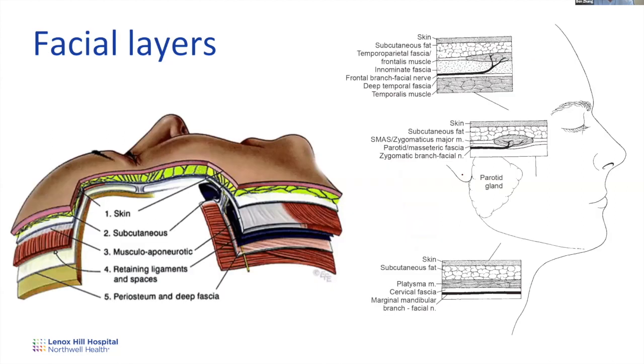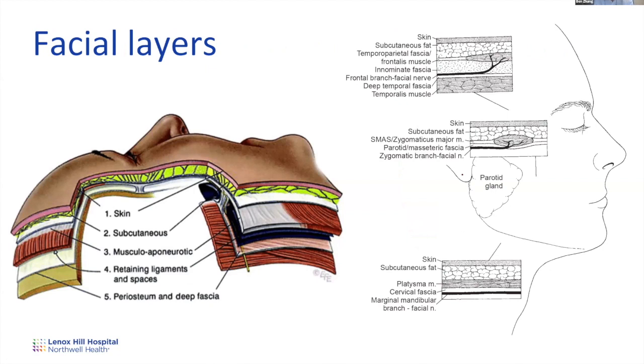So a slide that I added in here that wasn't in the slide from last night, but I thought would be helpful for you guys, is getting a better understanding of the layers of the face. As we said, your HEENT section this week is going to cover what's surrounding the cranium.